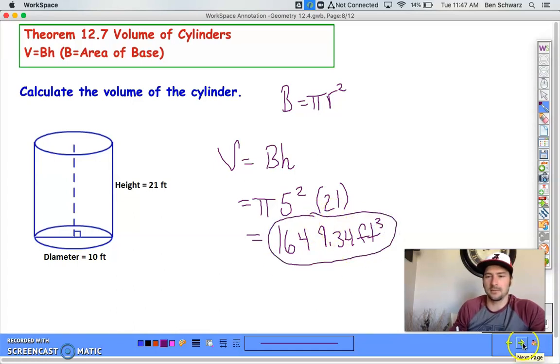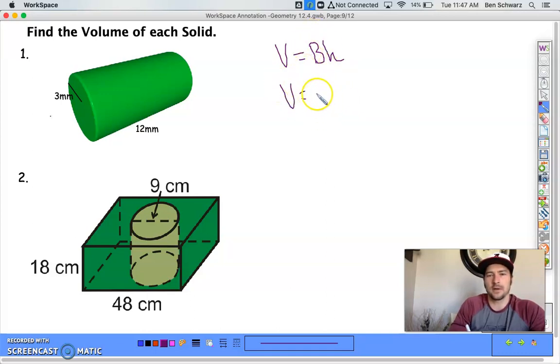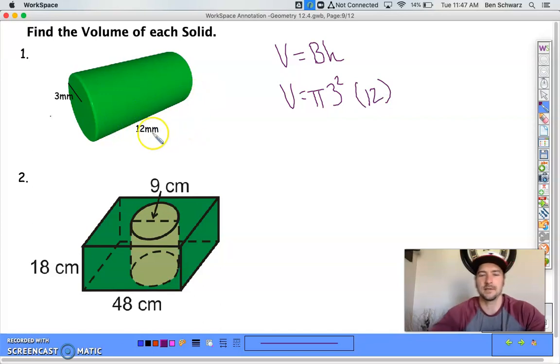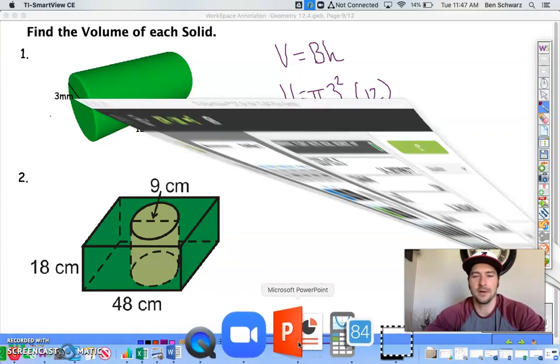So not too complicated. Another example, so again, volume equals area of the base times the height. So again, for area of the base, we've got to use pi r squared. So pi times 3 squared. And then the height of the cylinder is 12. It's always the distance between the bases. So again, we'll plug that into our calculator. So pi, 3 squared, 12.